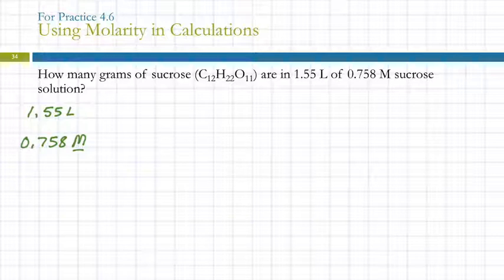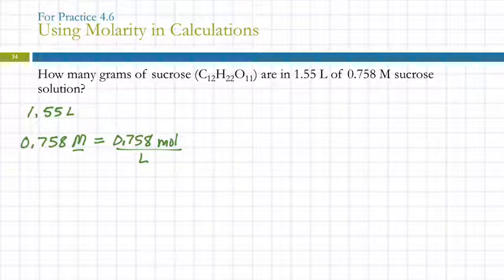So when you write this down, write down the units that stands for. 0.758 moles per liter. That is what the capital M means. So I have liters and I have moles per liter, and then I look to see what am I asked for. I'm asked for grams of sucrose, C12H22O11.